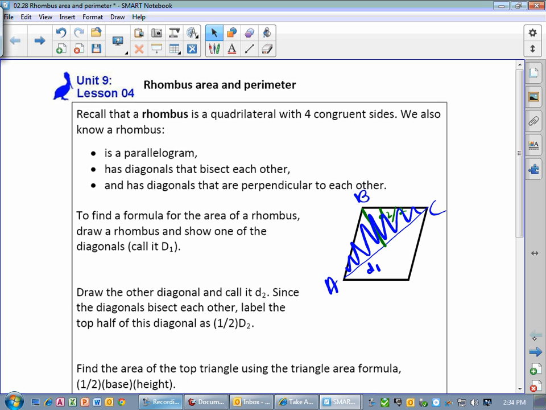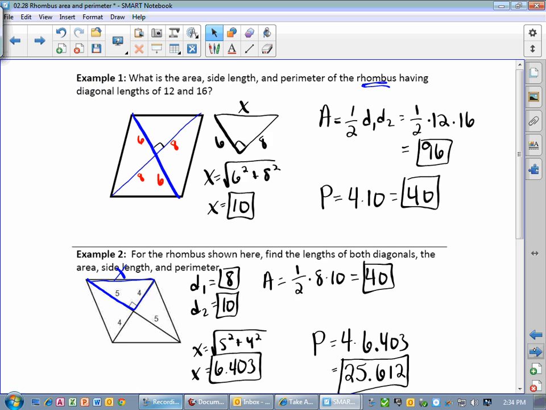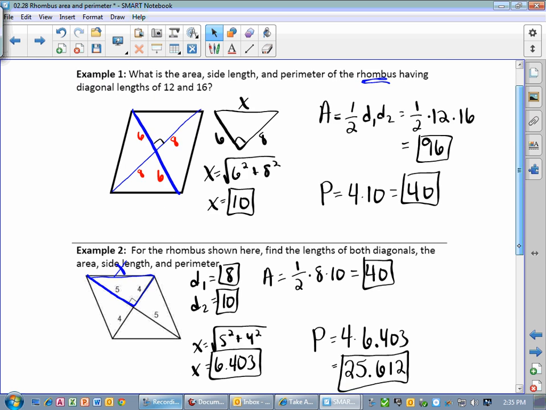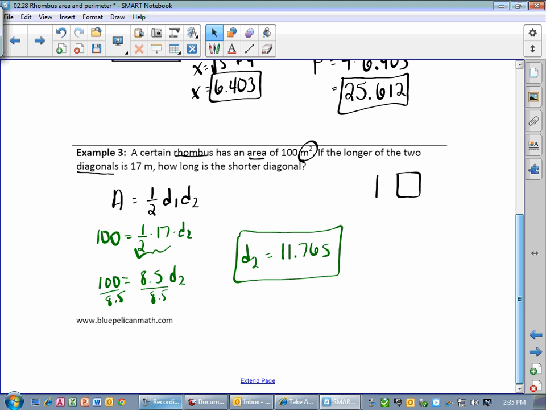Remember the reason that we wrote D2 over 2 right here was because we were talking about half of D2. D2 divided by 2 is half. D2 is the whole thing. So when we solve for D2 right here, we found the length of the second diagonal, because the half is built into that formula. Oh, okay.